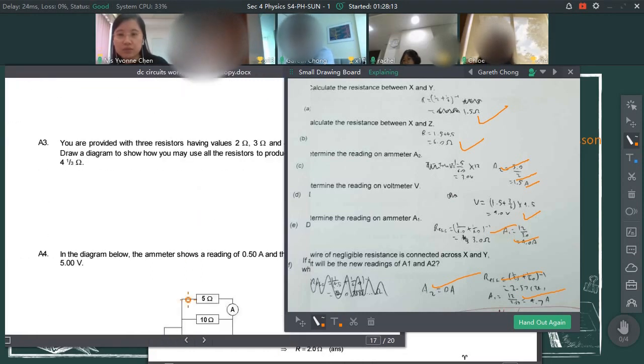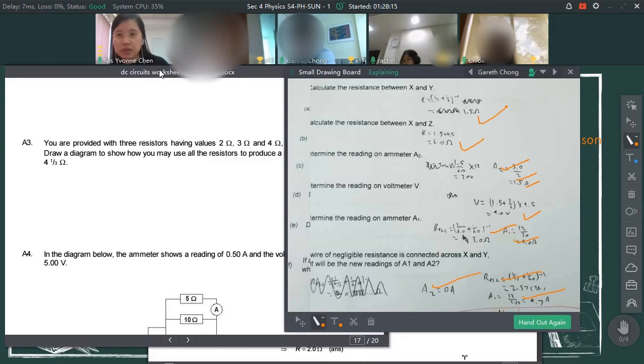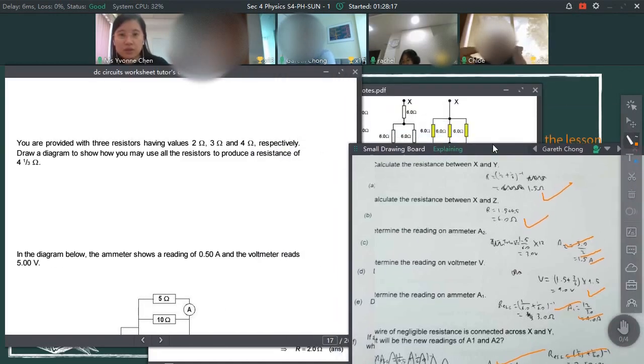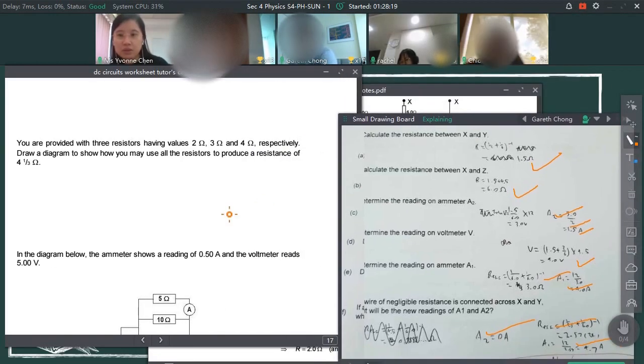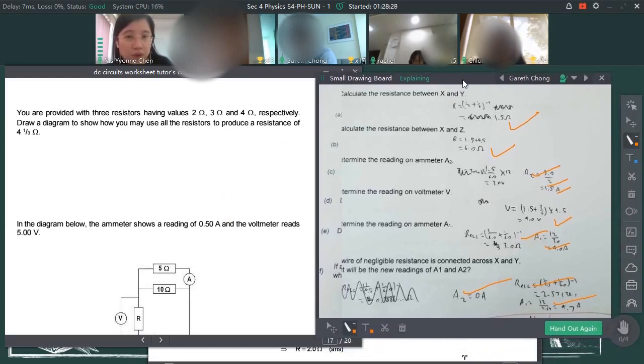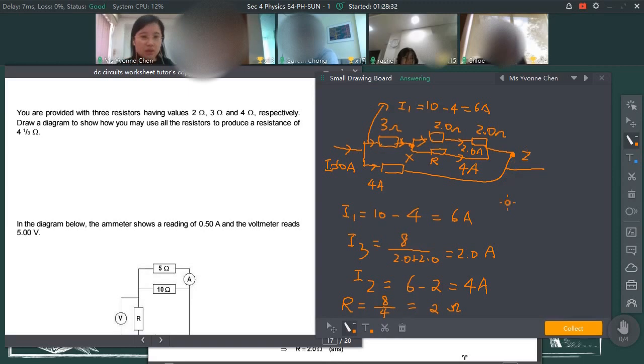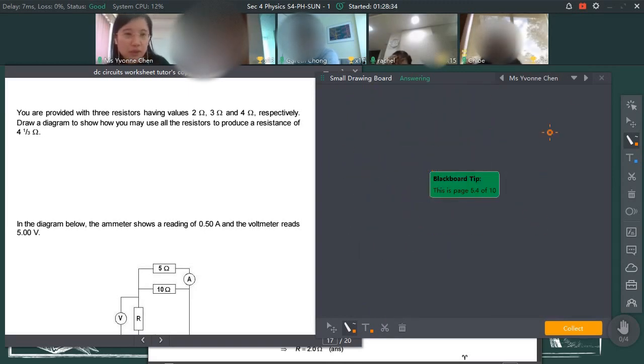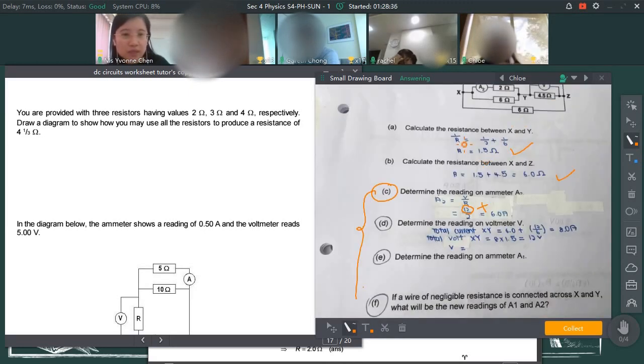Okay, after that you can do question 3, A3. Okay, I'll hand out the small writing board. So if you have done, take a photo. And I'll help you to delete the working as well.